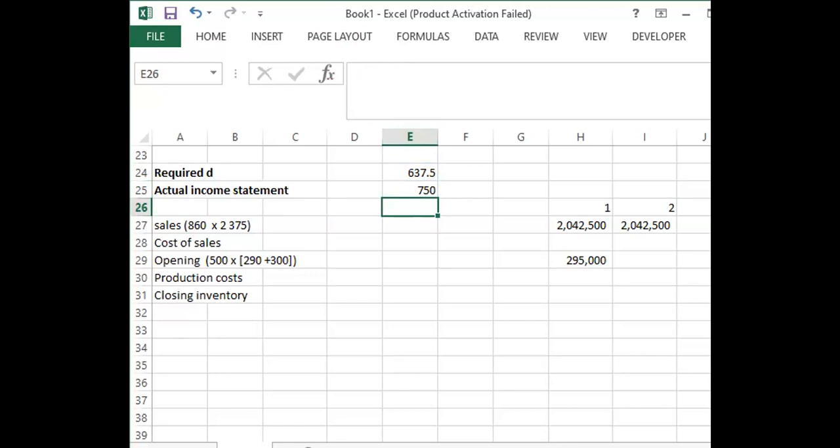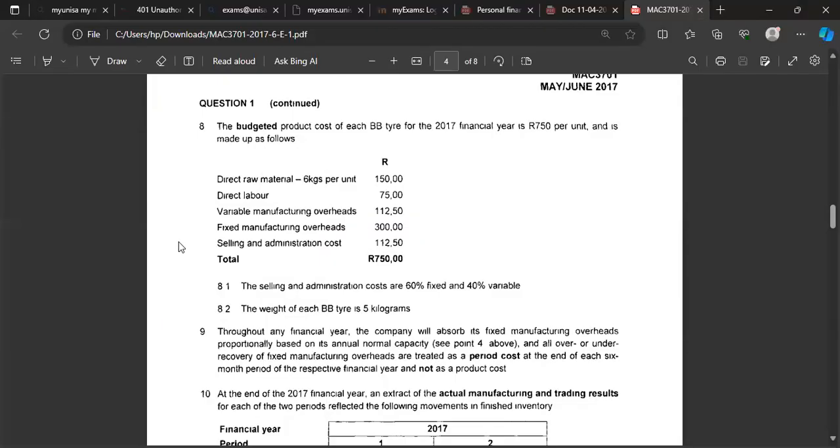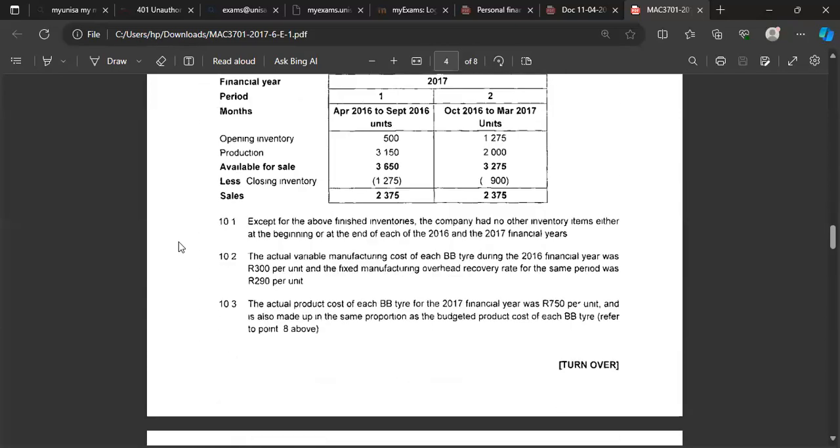Right, let me just explain this point here. When they say the actual product cost is 750 per unit and is made up of the same proportions as budgeted here, I suspected they would most likely make this kind of mistake, which I explained at the beginning.